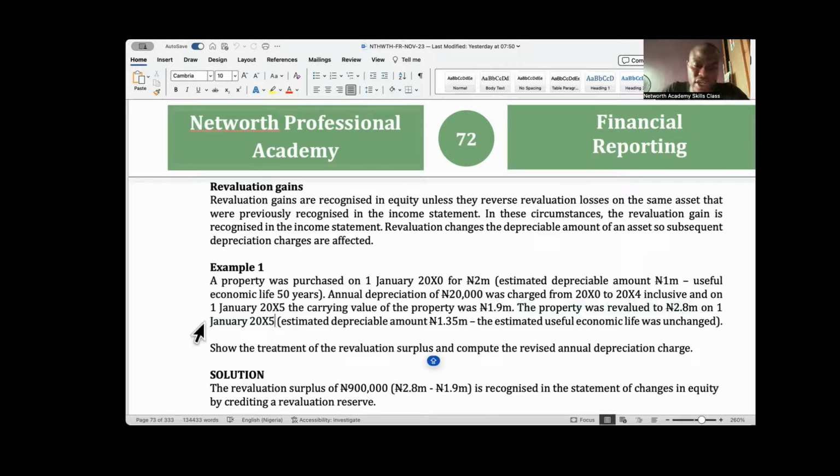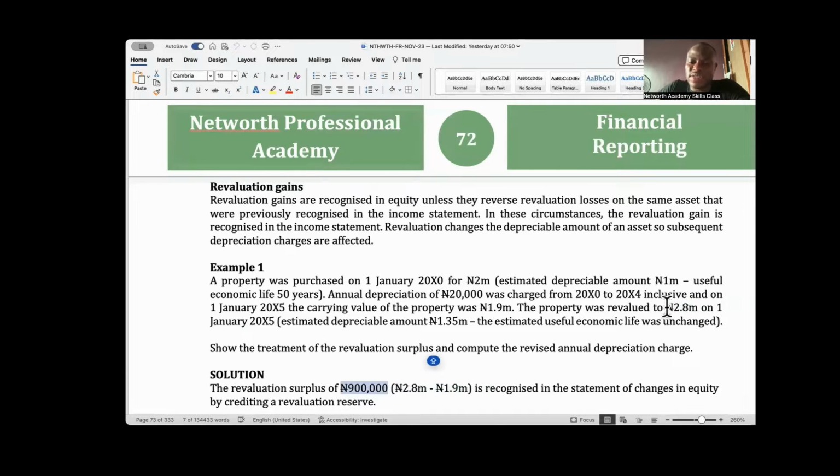Here it is 1st of January 2005. They gave us the revalued amount to be 2.8 million. On that date, you just need to compare this fair value with its carrying amount. In this question, they gave us the carrying amount, so we don't have to go through calculating carrying amount, which is cost minus accumulated depreciation. So 2.8 million minus 1.9 million gives me 900,000.